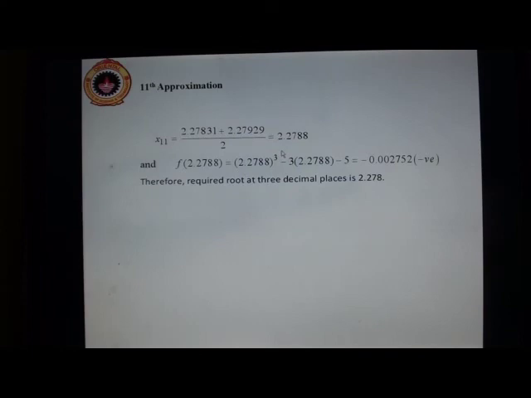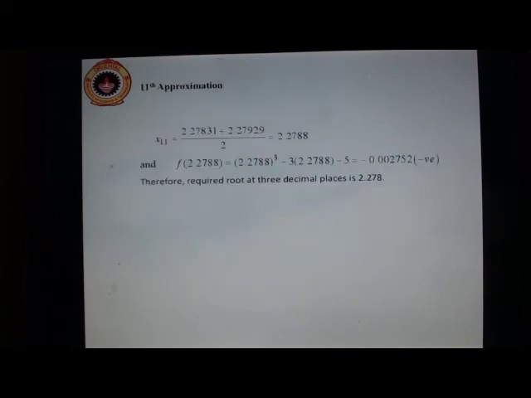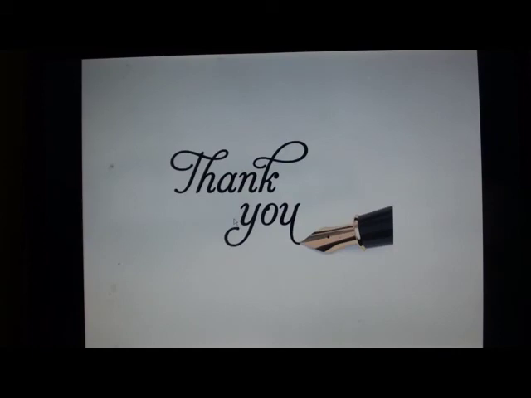Up to 3 decimal places, the 11th and 10th approximations are equal. Therefore, the root of the given equation is 2.278. Now, thank you very much.